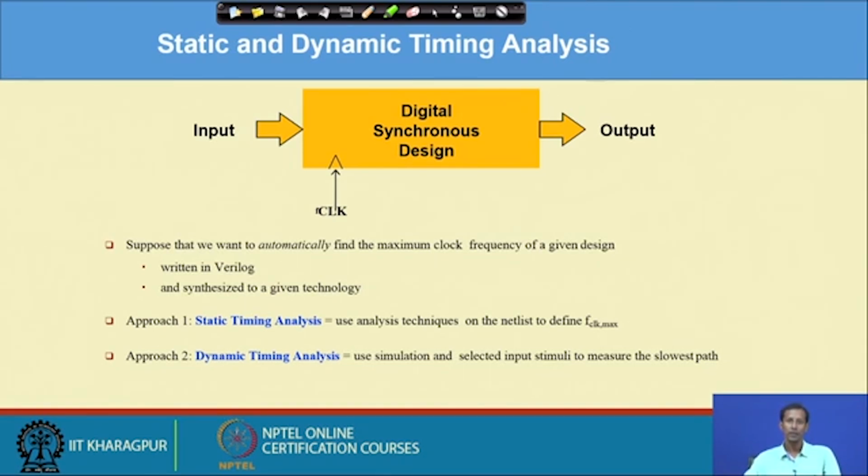Suppose whenever we are talking about a processor, let us say Intel Pentium 4, that may run at, let us say, 2.8 gigahertz. So, 2.8 gigahertz is the clock frequency at which that processor can run. Why is it needed?